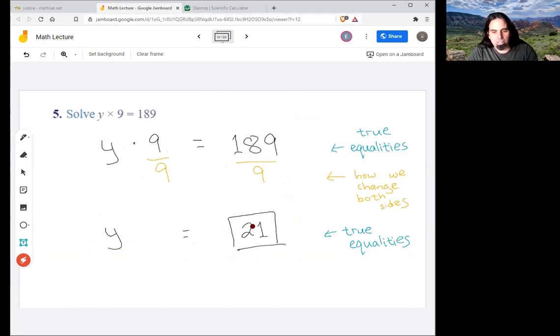And these again are convenient because you can take 21, plug it back in and check if you get the right answer. So it's good for your brain to emphasize how we have different things happening. We have a statement of something that's true. It's almost like a noun, a thing. And then we have how we're changing things. This is like the verb, what we're doing.